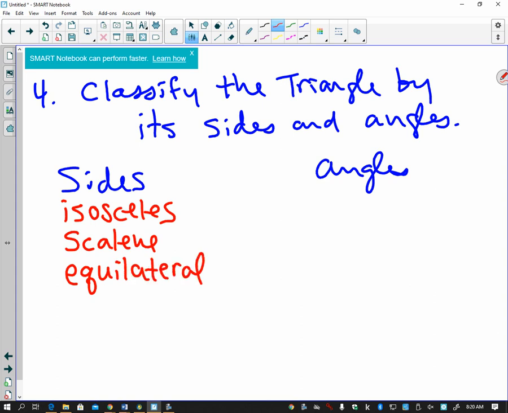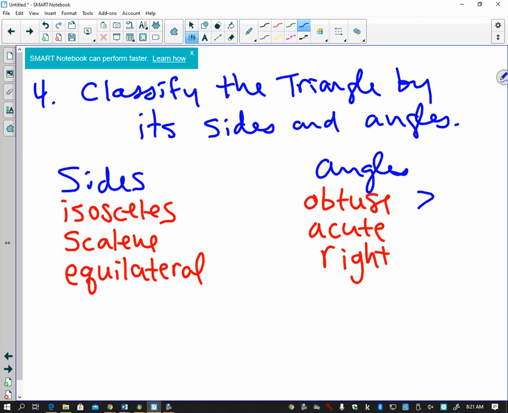Okay, how do we classify a triangle by its angles? Obtuse, acute, and right. Okay, so whenever I'm looking at angles, how do I know if a triangle is obtuse? One angle is greater than 90 degrees, right?